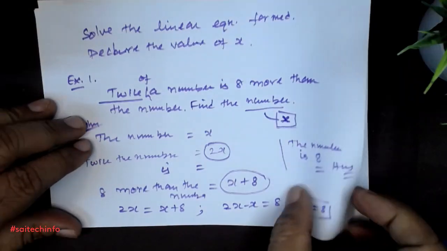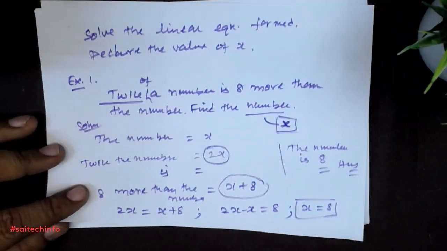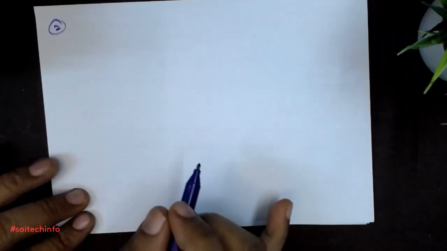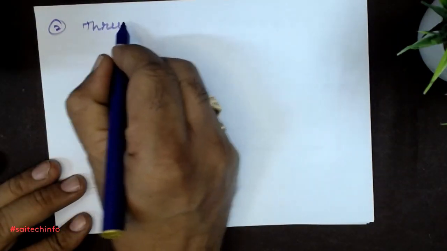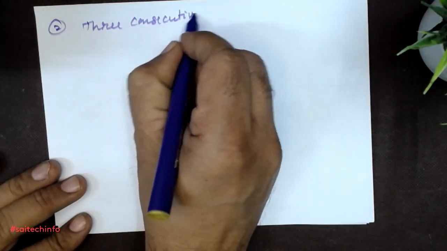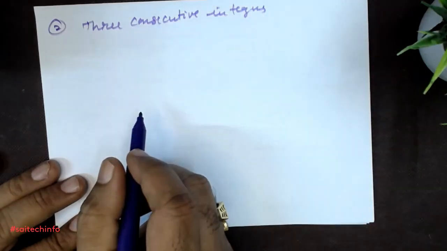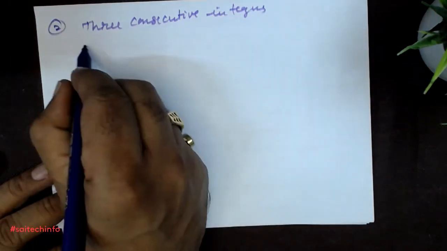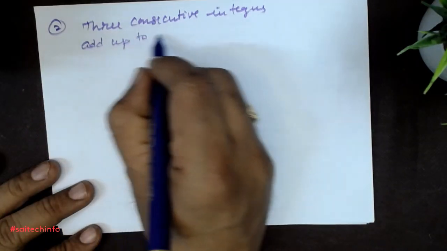Next question. You can write down in the question bank. Second question. Three consecutive integers add up to 51.